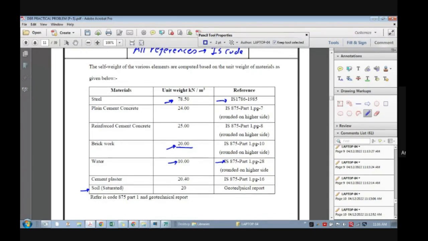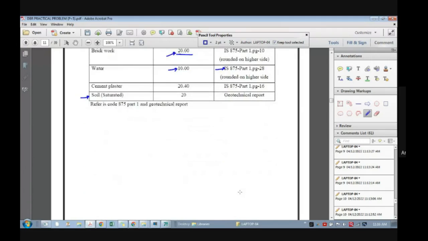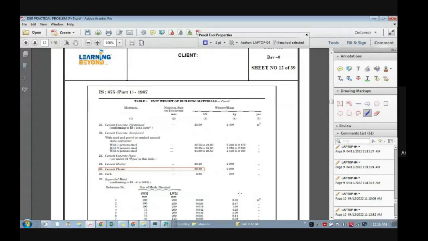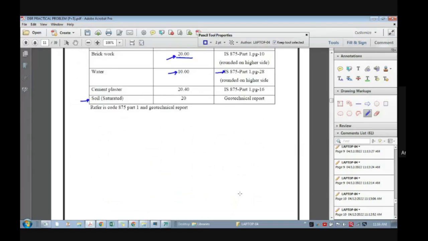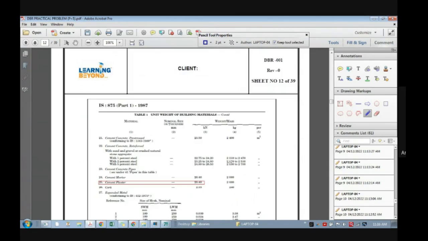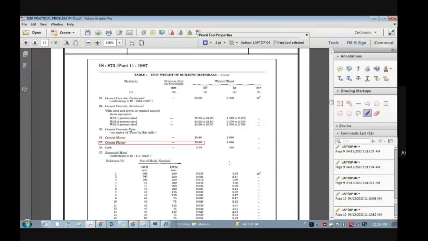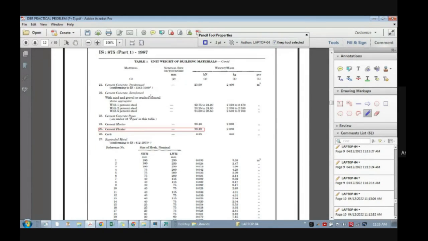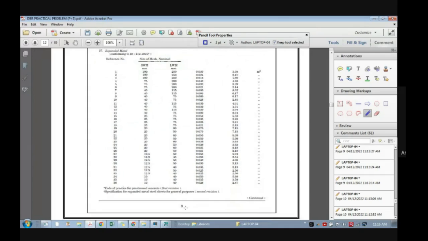So references: what material you are using and what is the reference. Now here I am mentioning the code reference and page number also, page number 8. And I am putting the screenshots also. So this is very easy for me now. IS 875 (1987) Part 1, page number 8.